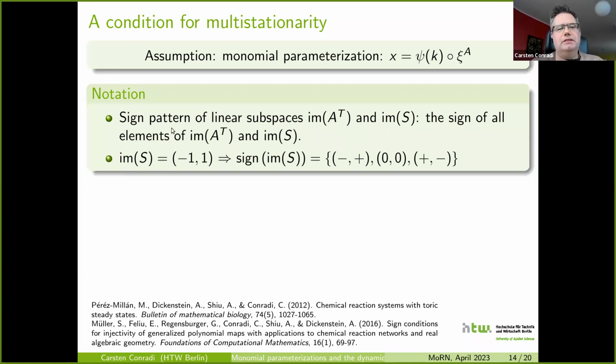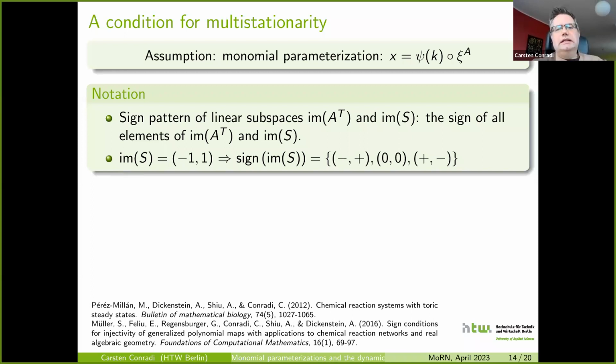And a simple example is this: if the image of S is spanned by this vector (-1, 1), then if you picture this in R2, the image of this subspace is a line that goes from the top left quadrant to the bottom right quadrant.